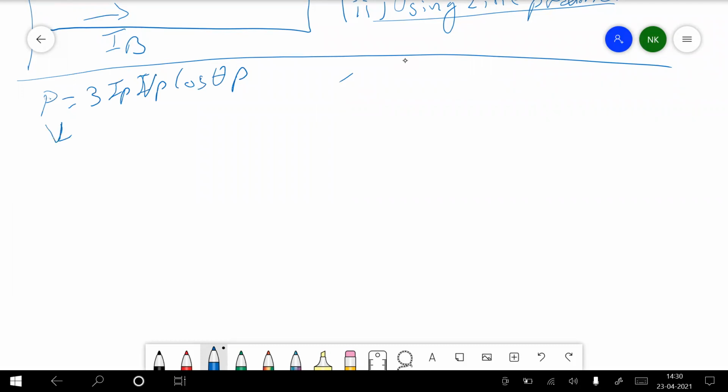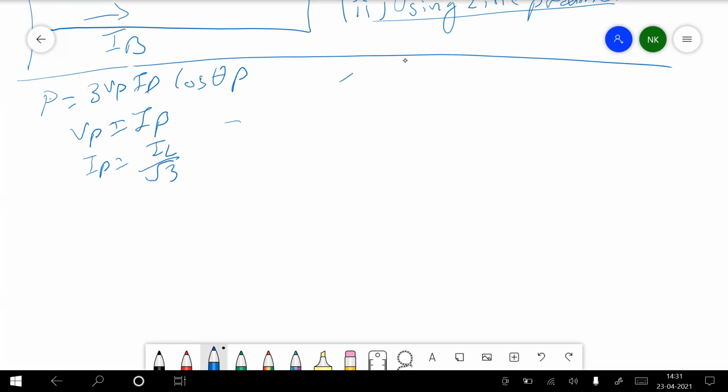And we are well aware that Ip equals IL by root 3.